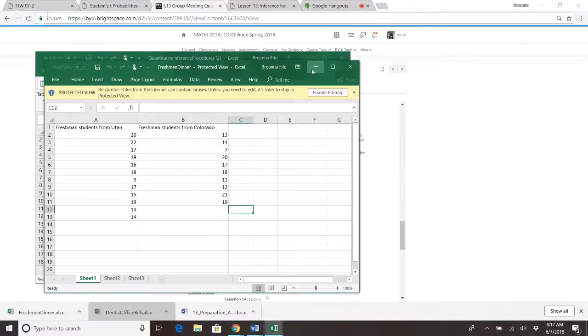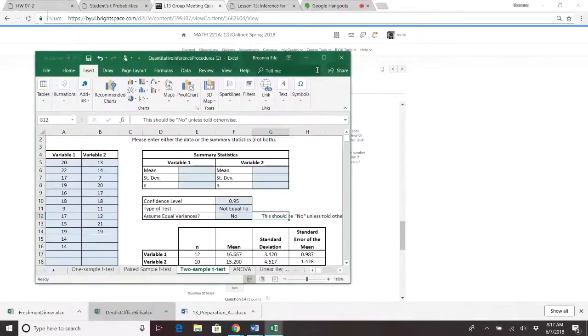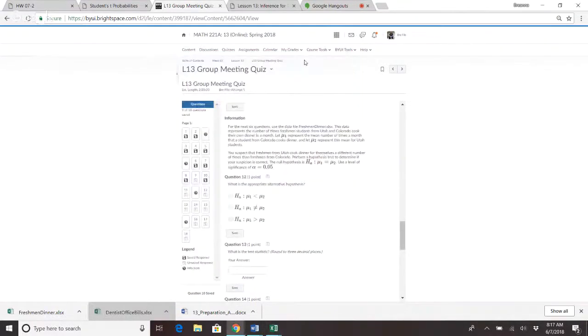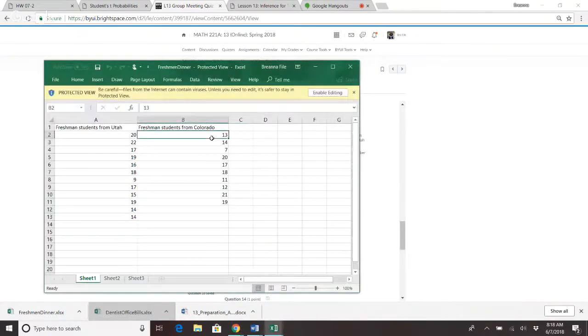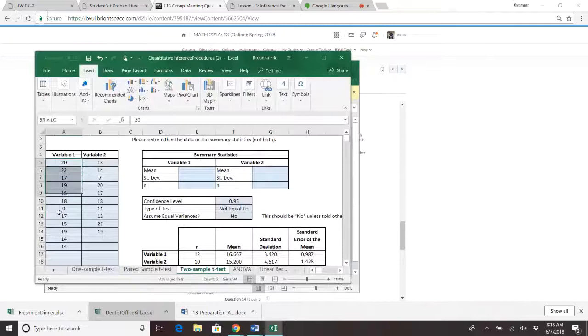The first one's going to be Colorado? U1, right? The first mean is... Oh, yeah. Okay, that's weird. We actually have to switch them around this time. Like, usually it's just copy and paste and it's fine. That's really weird.